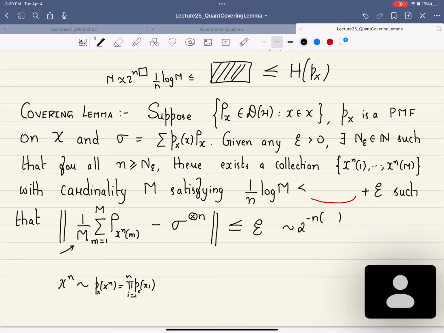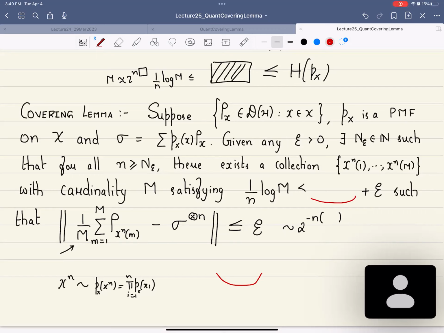You can choose your epsilon, and all that you need is the red quantity. And this red thing, I'm going to tell you at the end, and you should guess it. I mean, by now you should be able to guess it. If you look at the packing lemma, you can guess it. Packing lemma is telling you that if your exponent is lesser than some quantity, then the states are orthogonal.